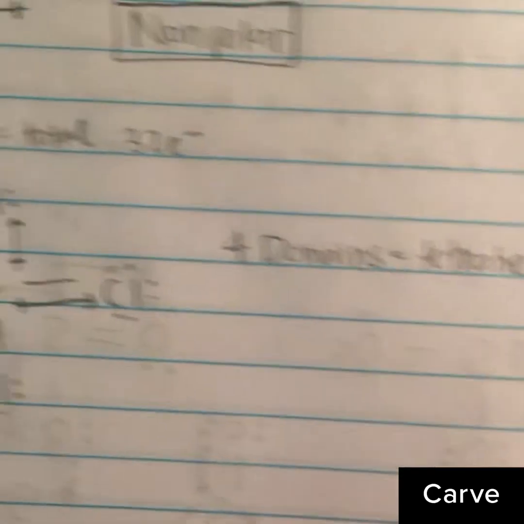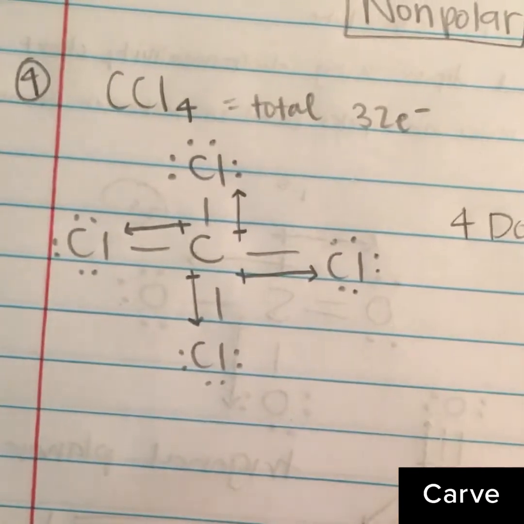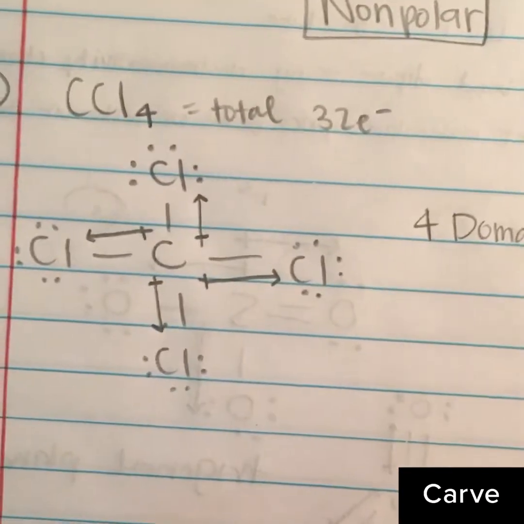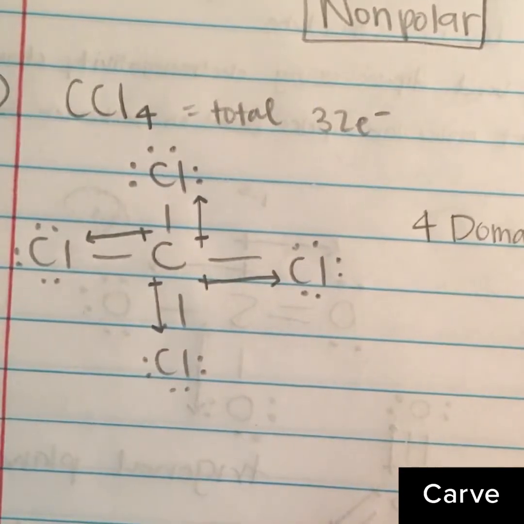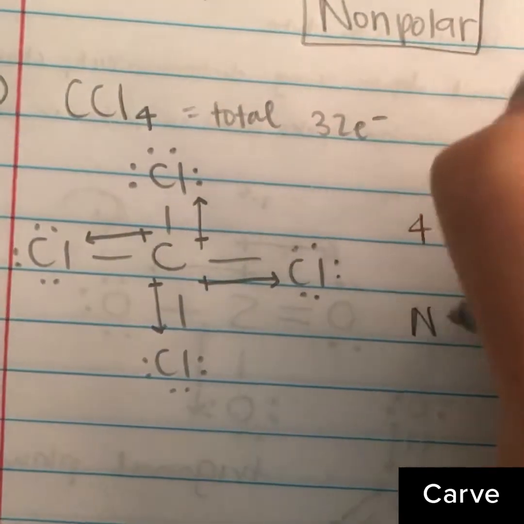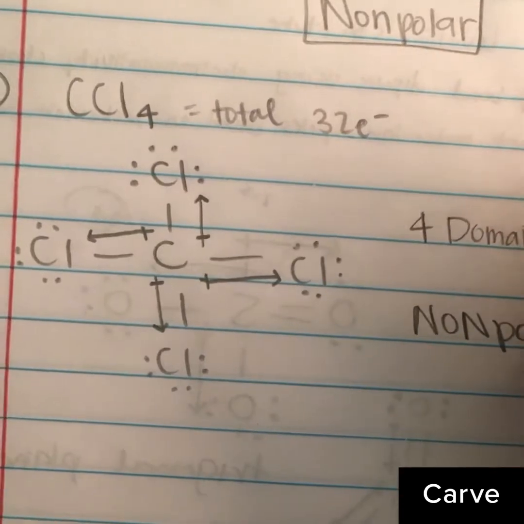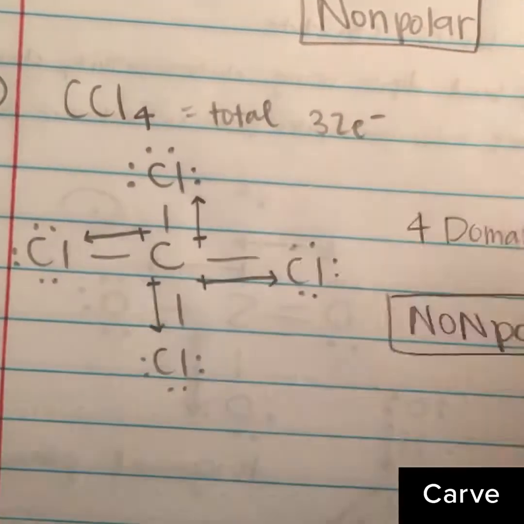And so your molecular geometry is going to look just like this. You have no net dipole because all the dipoles are going to cancel. And so since you have no net dipole, this is going to be a non-polar molecule.